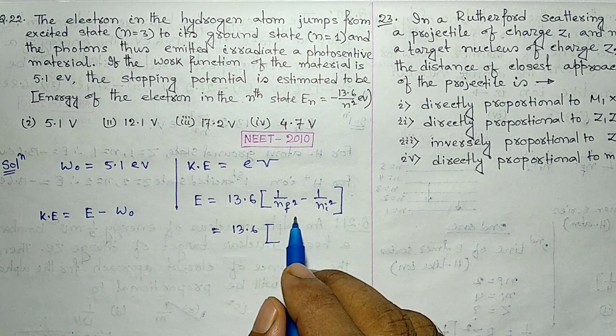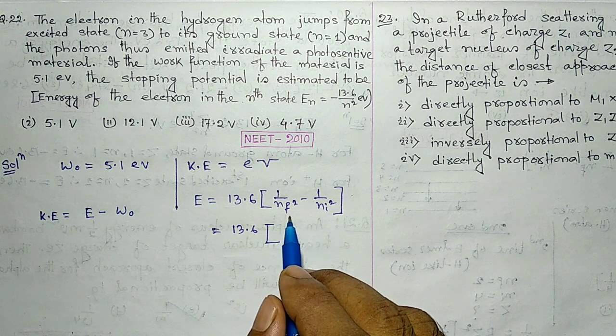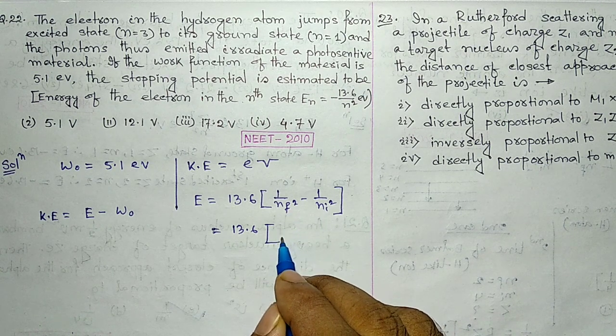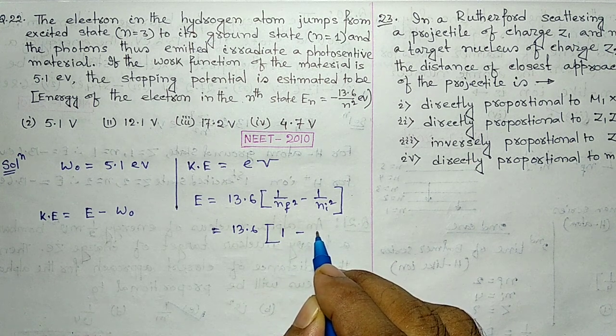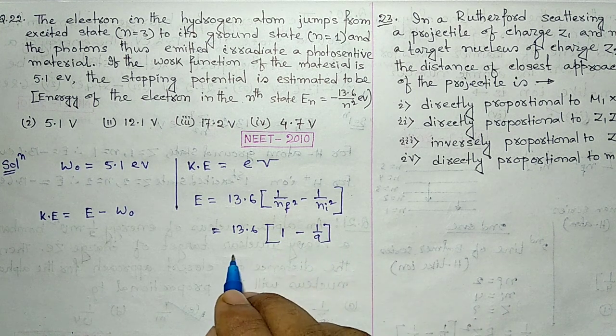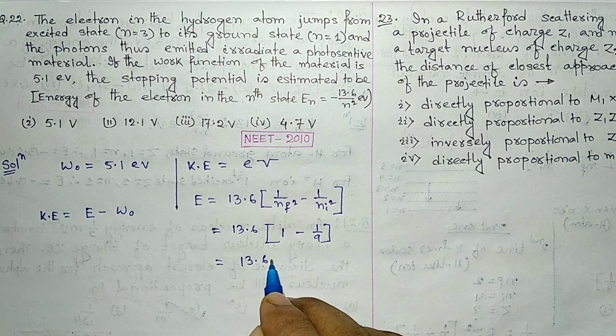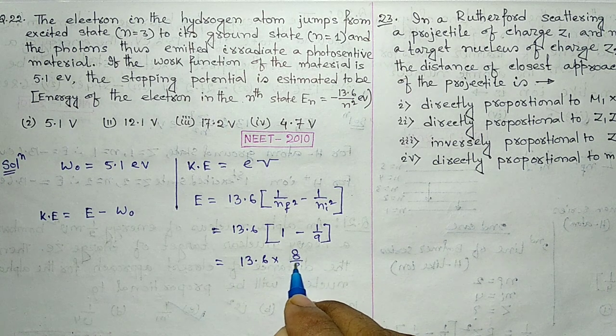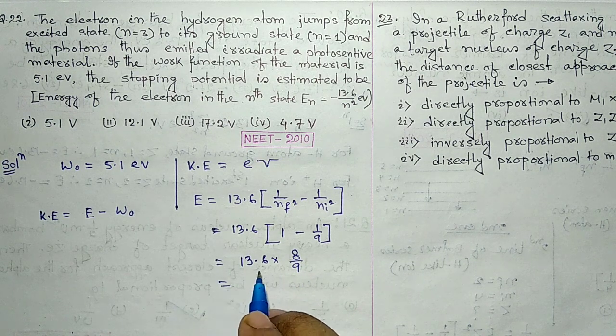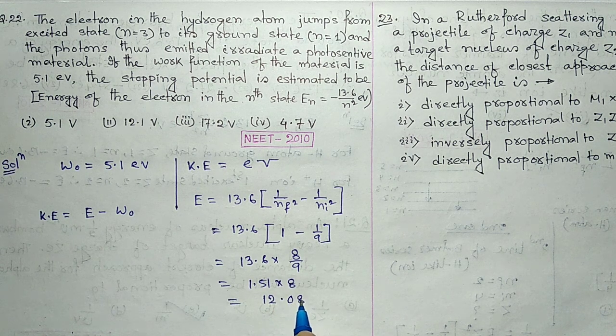So here nf is equal to 1, ni is equal to 3. So 1 by 1 square means 1, minus 1 by 3 square means 1 by 9. So this is equal to 13.6 into 8 by 9. After calculation, this is 13.6 by 9, which is 1.51, into 8, and it is approximately equal to 12.08 electron volt.